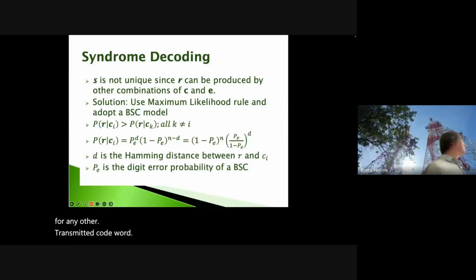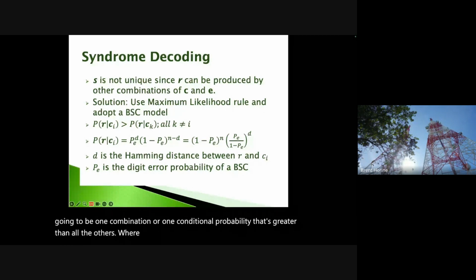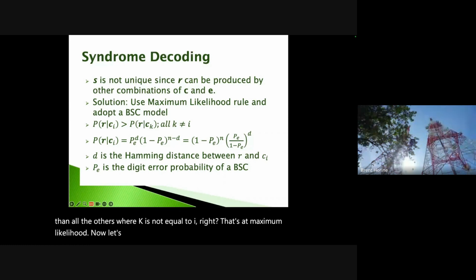So received code word, transmitted code word, there's going to be one conditional probability that's greater than all the others, where k is not equal to i. That's the maximum likelihood.